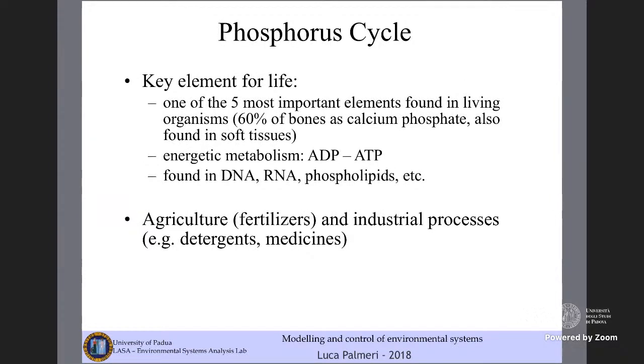Okay, let's conclude this lecture by discussing quickly the phosphorus cycle. We said that of the various elements that are key elements for life, phosphorus is one of the five most important elements found in living organisms. 60% of bones are phosphorus, calcium phosphate is also found in soft tissue and so on, but also the genetic material is made up of phosphorus, like ADP, ATP, and so on.